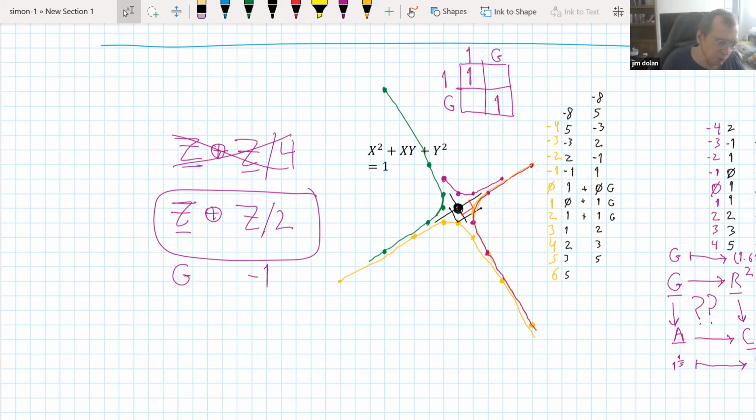So you can see these points. It looks like you're taking powers of G and getting all the golden stuff. Is that what that is? I think the color scheme is a little bit more disorganized than that.